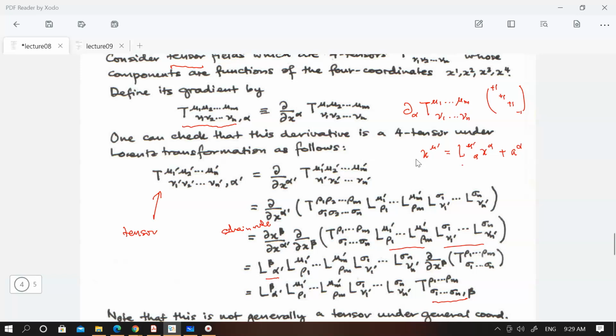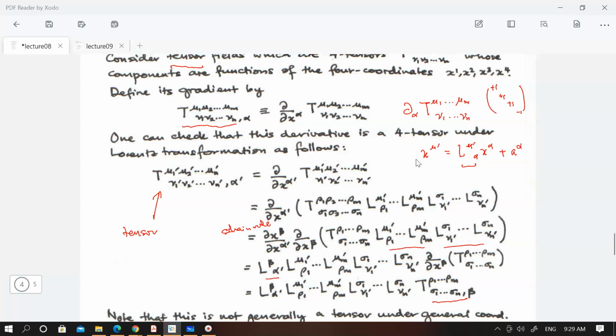This is essentially constant, and when you take the derivative, you just get this Lorentz matrix out. So that's what's happening over here. In general, if you have a nonlinear transformation, then this feature of the derivative being a tensor will not be true.